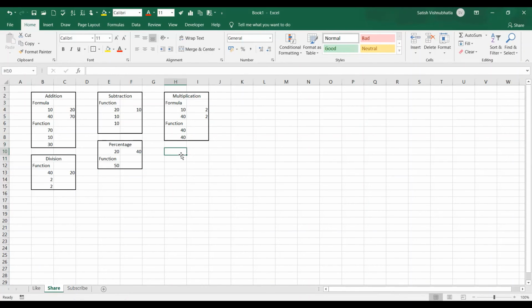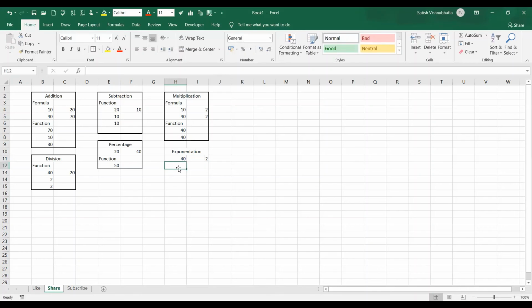And now the last operator, which is exponentiation. That means the power. So I want to find 40 squared.